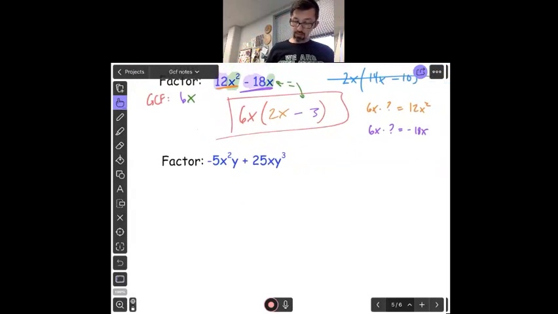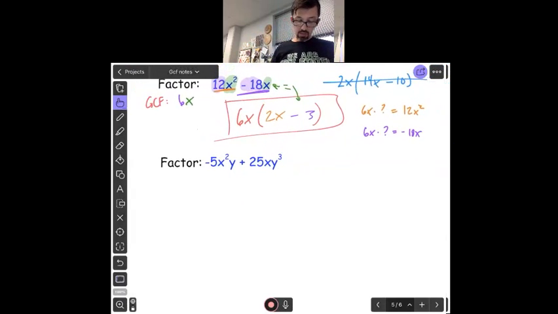Let's try that again. So we start by trying to figure out what the GCF is. Again, I would have you look at it in pieces. Look at the numbers first. Look at the variables next. In pieces. So I'm looking at integers.